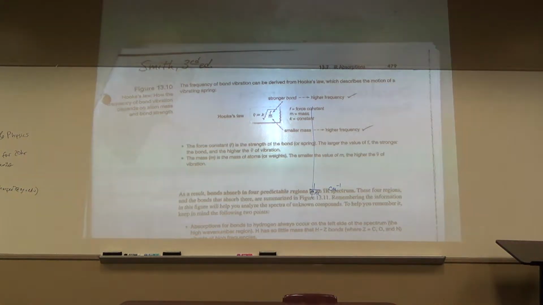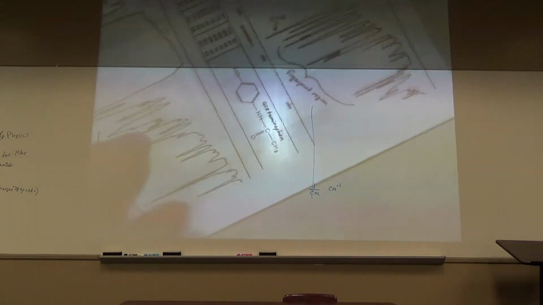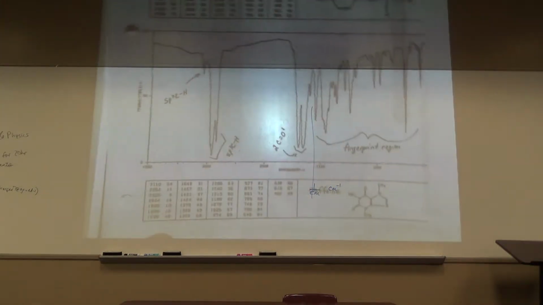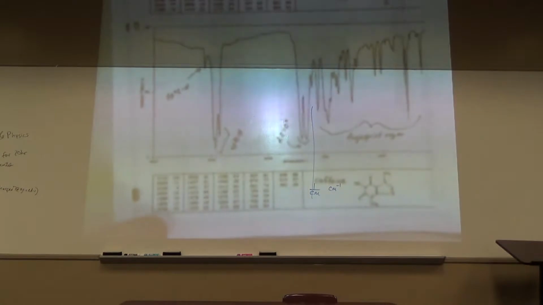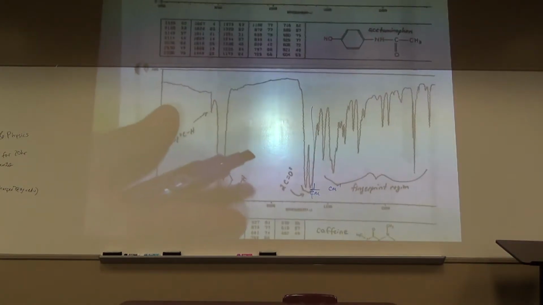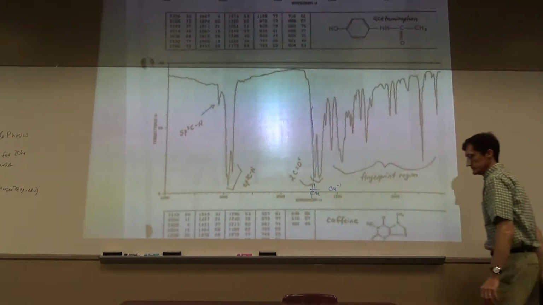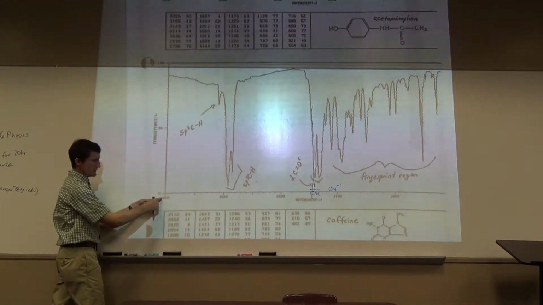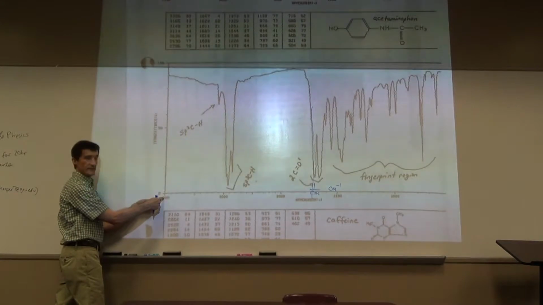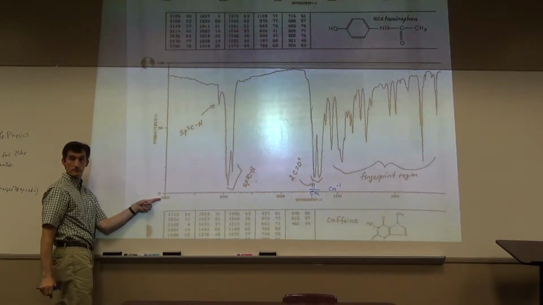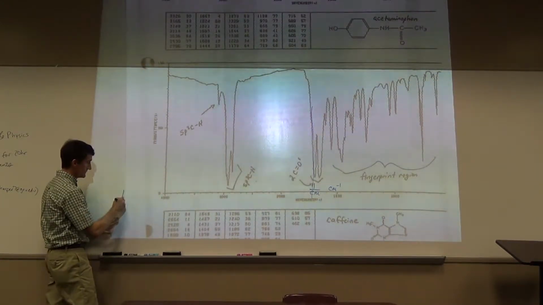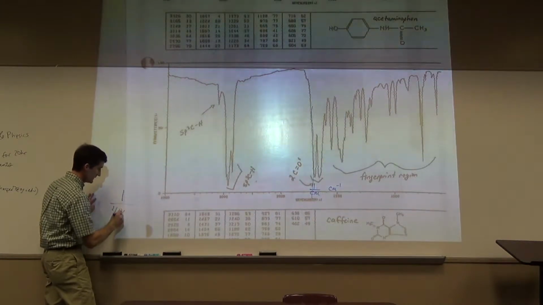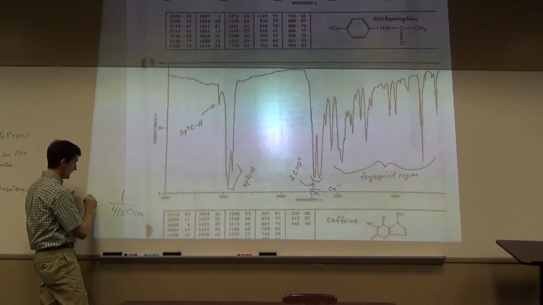For example, let's go back to the front. This is 4,000 wave number. What is this in wavelength? That's 1 over 4,000 centimeter.